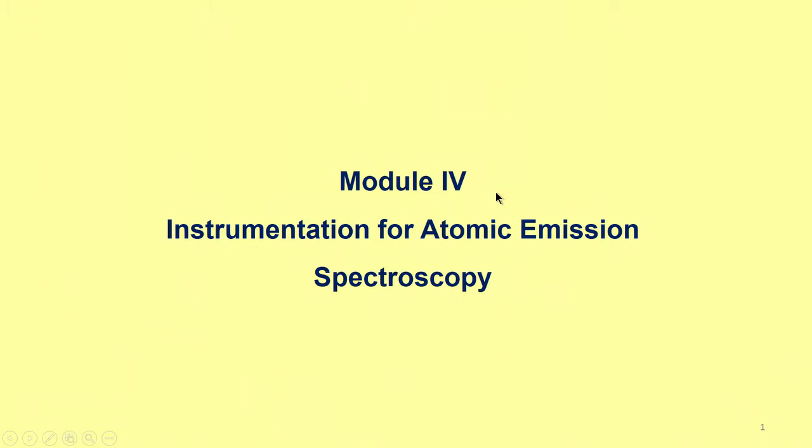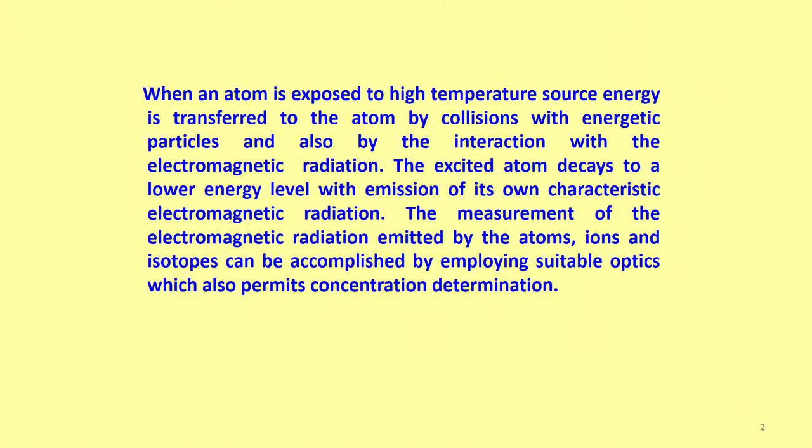We had discussed that when an atom is exposed to a high temperature source, energy is transferred to the atom by collisions with energetic particles and also by interaction with the electromagnetic radiation. The excited atom decays to a lower energy level with the emission of its own characteristic electromagnetic radiation.